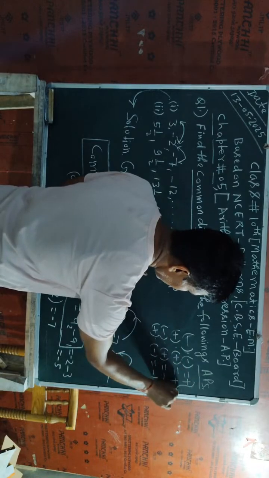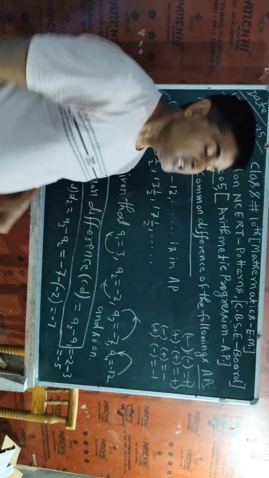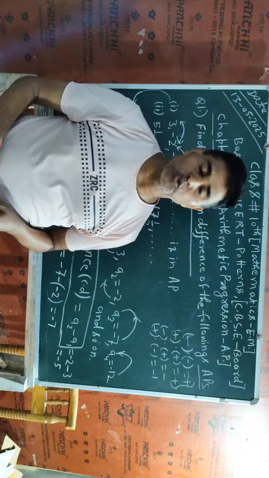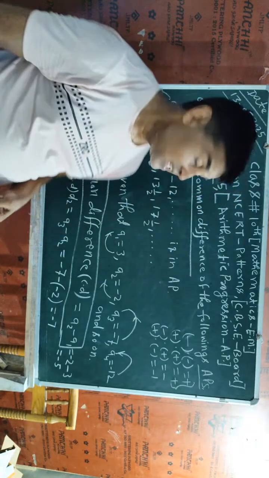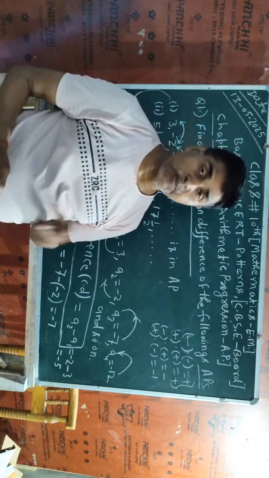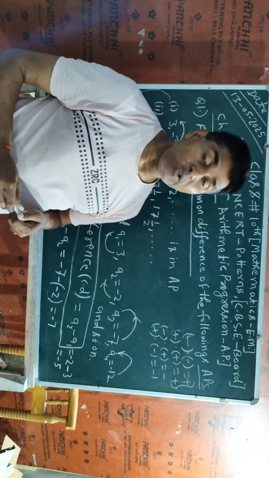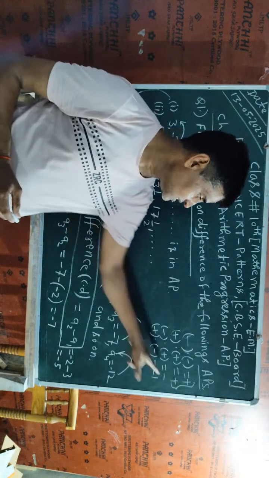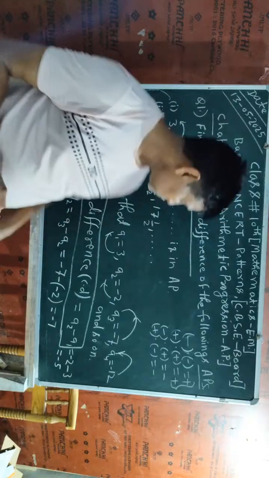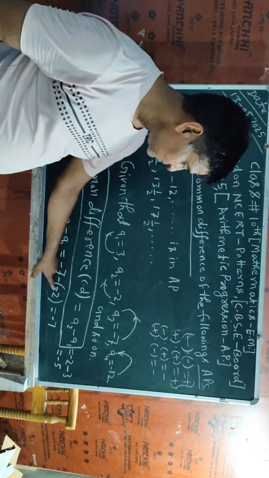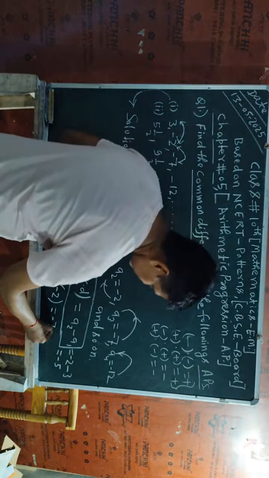The student has to concentrate on this point. If both signs are the same, I will take the positive sign. If both signs are different, in this case I will put minus. Okay, student. So here both signs are the same, so I will put plus.